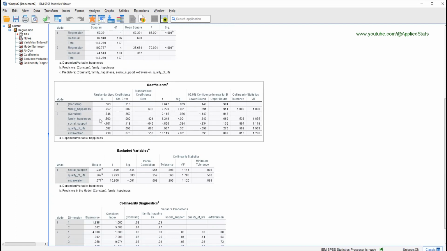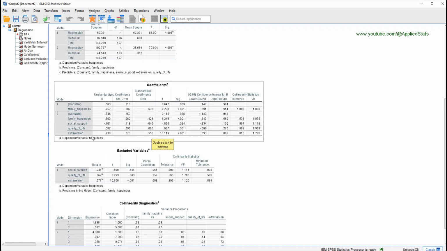As you can see, the strongest predictor is extroversion because it has the greatest standardized coefficient in the second regression analysis, and then family happiness. Social support and quality of life, the contribution is relatively smaller. And when you look at p-values, you see that family happiness is significant, extroversion is significant, but social support and quality of life are not significant predictors.